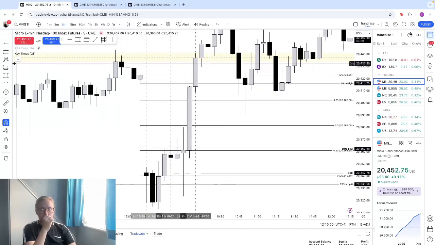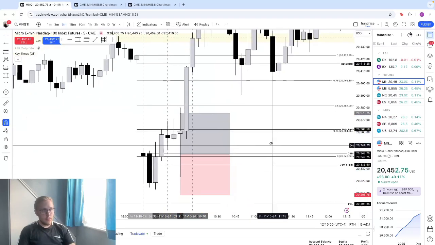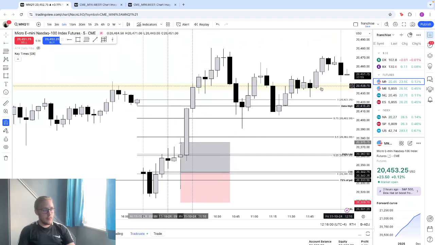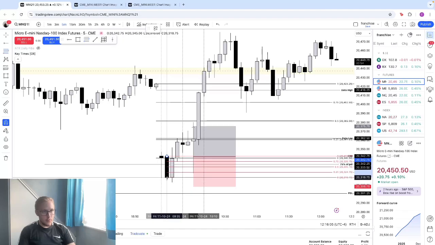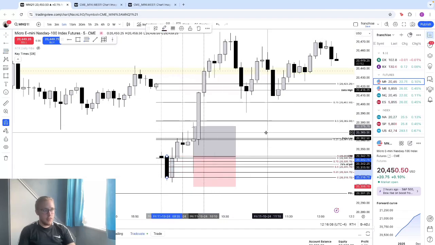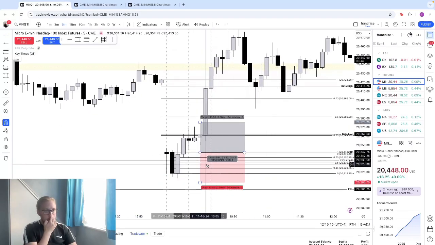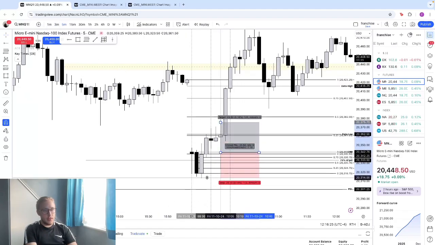Could have had entries on the CSD. Stop loss. Stop loss would have to be, let's change that back to black. Stop loss would have to be below 50%. So if you did put it in the upper quadrant, you could have got stopped out. If you just put it at the low wick, you'd have been fine.